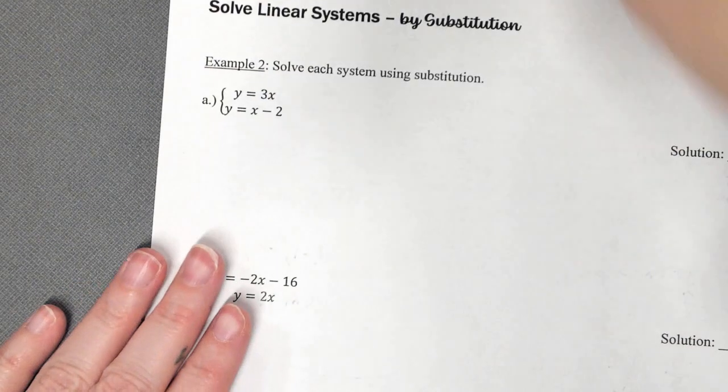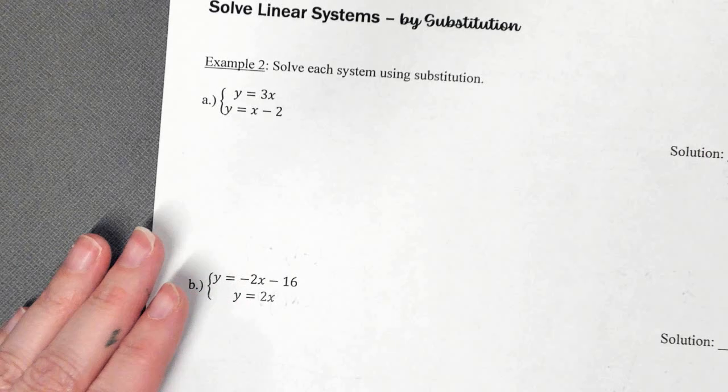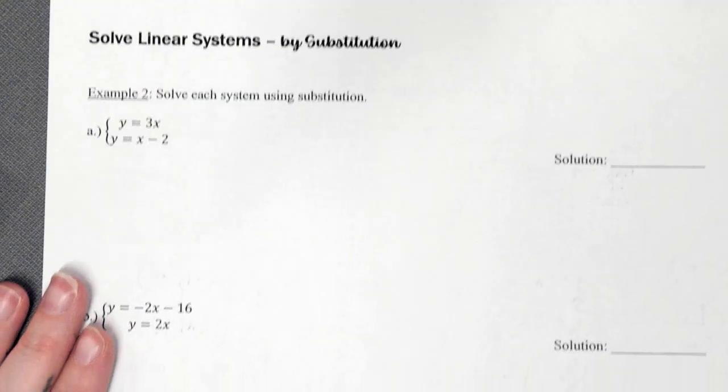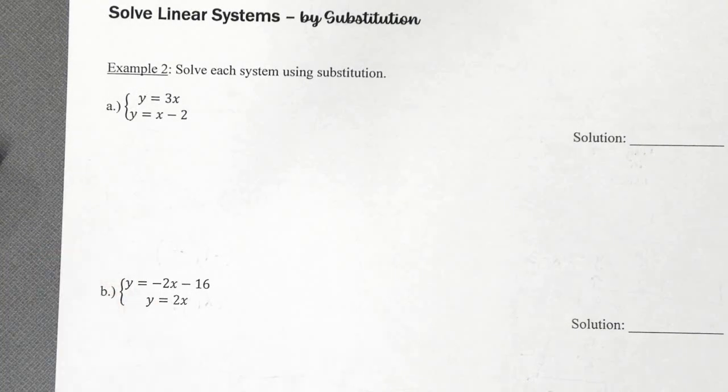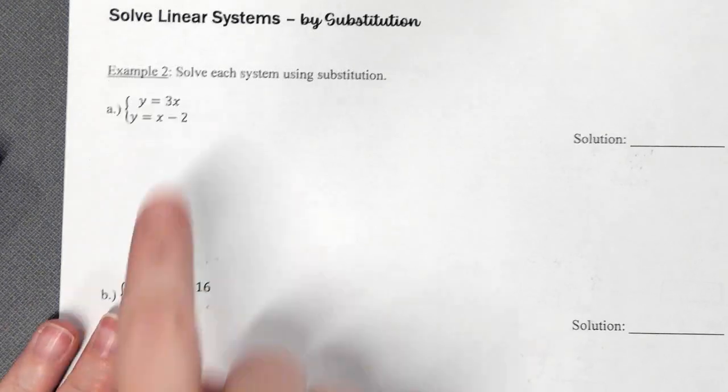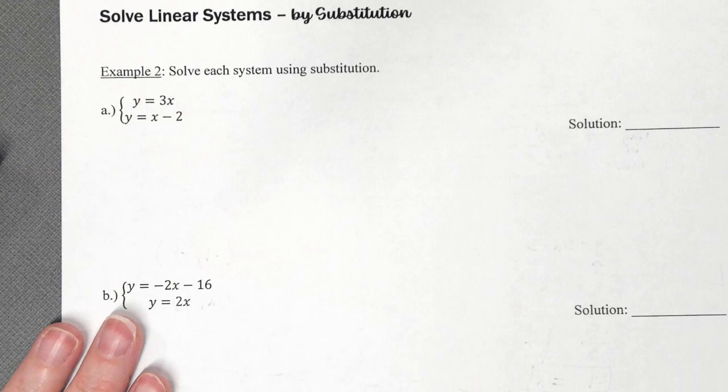Okay. All right. Now on the back side, we're still doing substitution. Do you guys notice the only difference here? It's almost identical to the front. But on the front, all of our y's were numbers, and what do we have now? You have an x with the number, right?